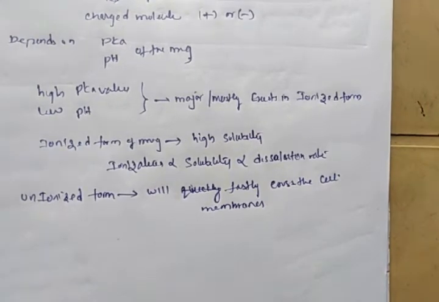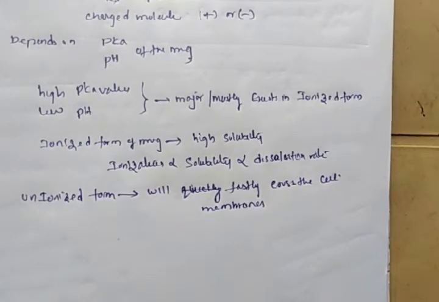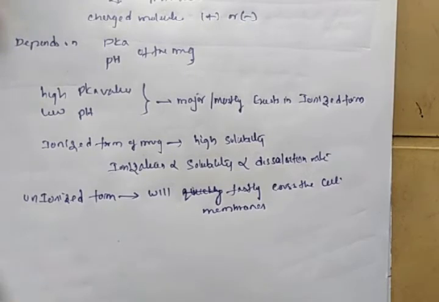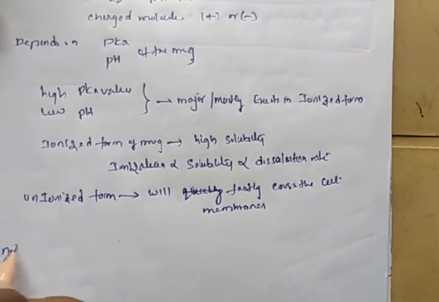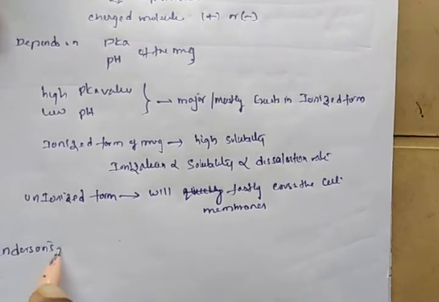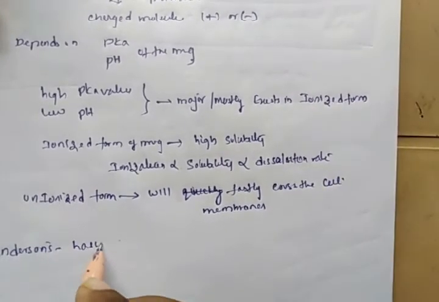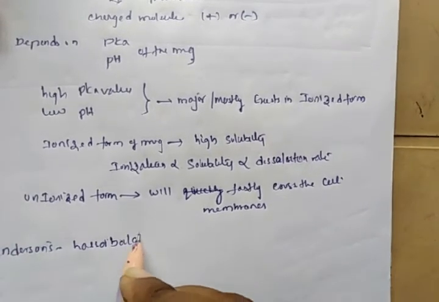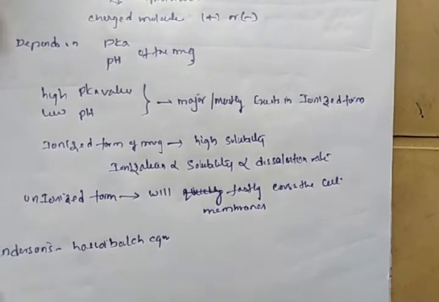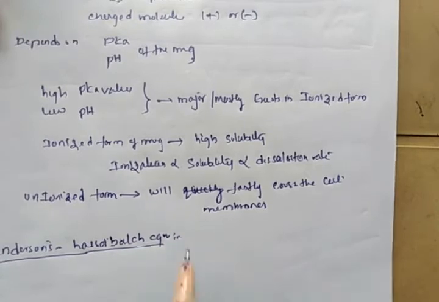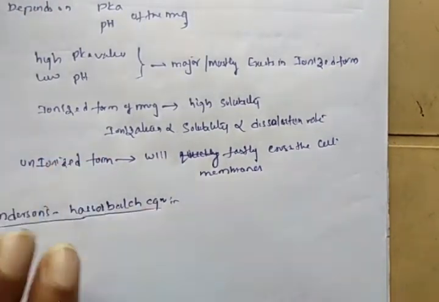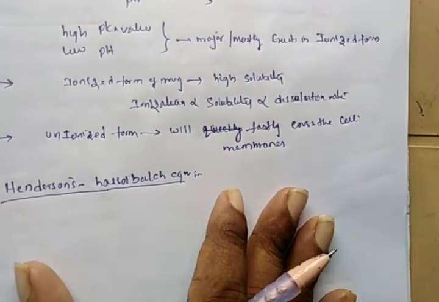In order to establish a relation between ionization and pH and pKa, there is an equation called the Henderson-Hasselbalch equation. This equation is used to predict the ionization. Don't worry if there is confusion.